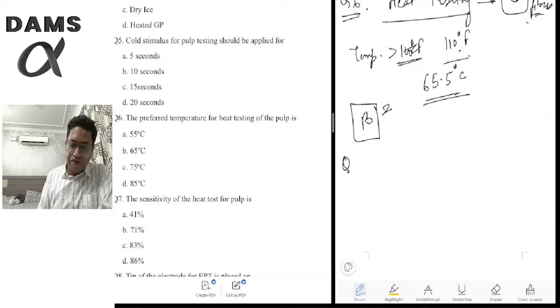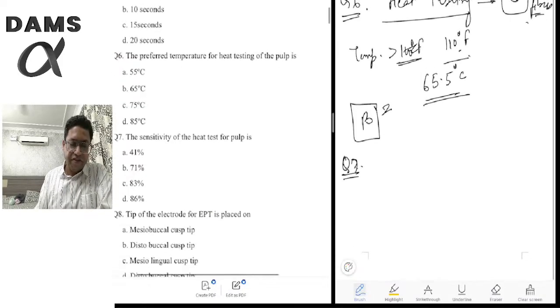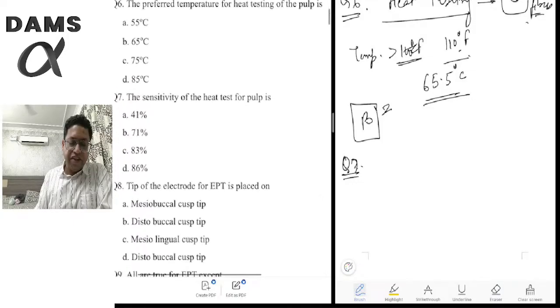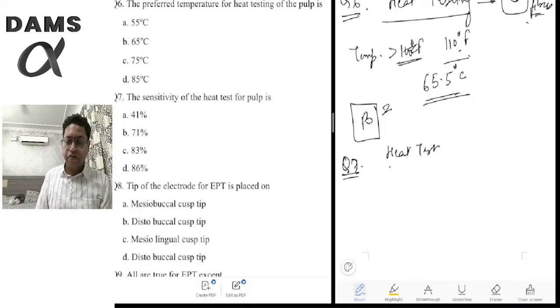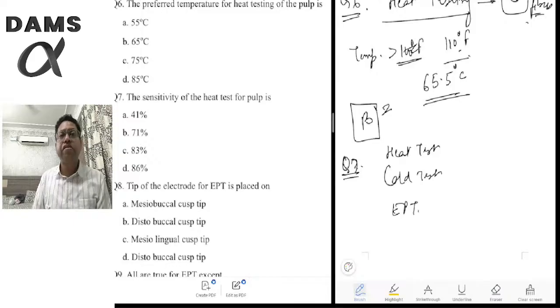Okay. Coming over to question number 7. The sensitivity of the heat test for pulp is 41%, 71, 83, or 86%. We know that pulp sensibility tests are heat, cold, and electric pulp tester. These are 3 types of pulp sensibility test.